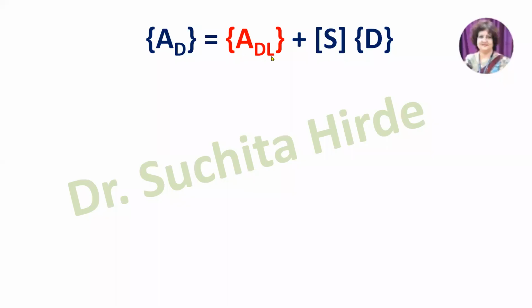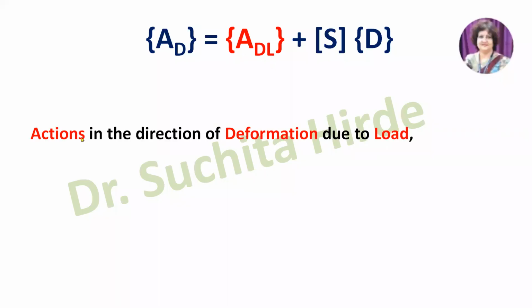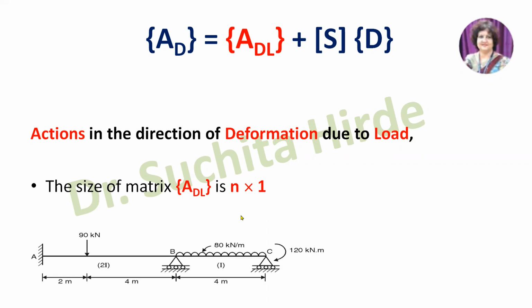Next is ADL matrix. A stands for action, D for deformation, and L for load. So actions in the direction of deformation due to load. So size of matrix is n by 1. If number of unknown thetas are n, then size of ADL matrix is n by 1.